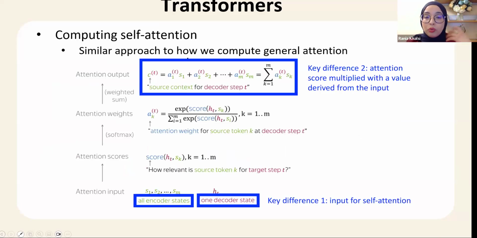So now, how do we compute self-attention? Now we are distinguishing it from attention. The mechanism mainly follows the same idea we have been discussing. The key difference is that we must consider both the input token itself and the attention score. This score is multiplied by a value that is derived from the input, and that mainly gives the weighted contribution of each token.